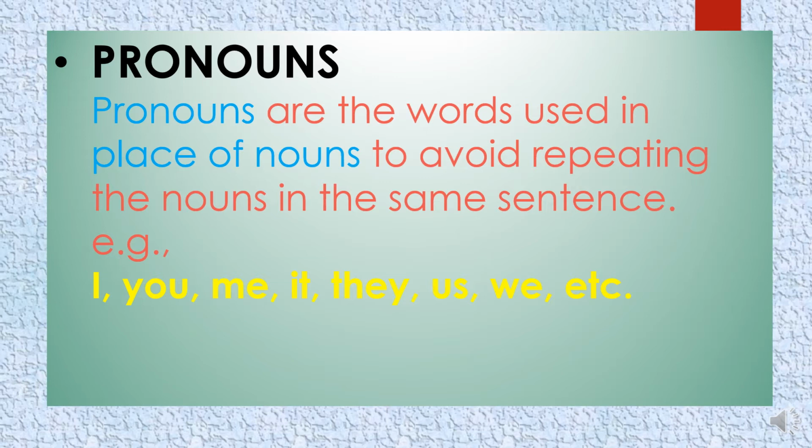If we said, Sita is hungry, Sita is eating an apple, it would sound very odd. So to avoid this odd repetition, we use a pronoun. Sita is hungry, she is eating an apple. Got it? What are pronouns?